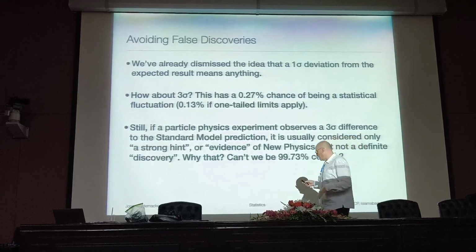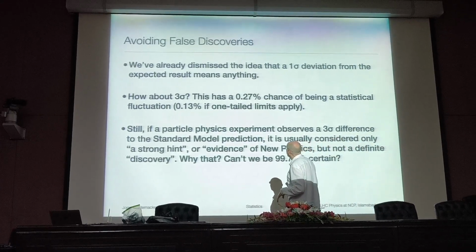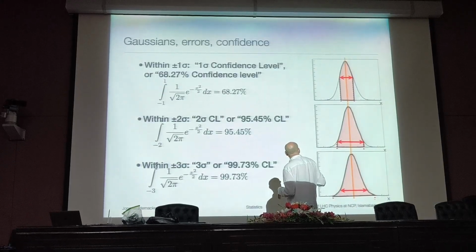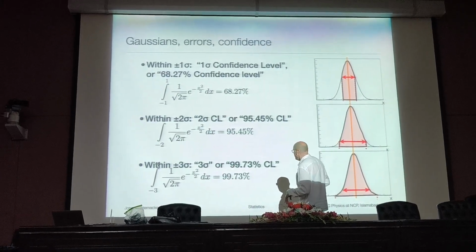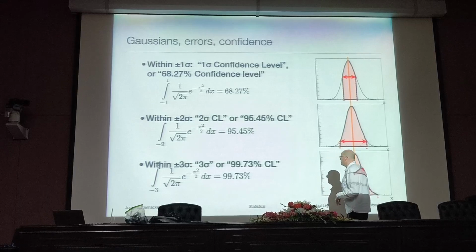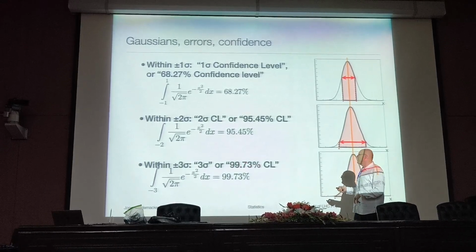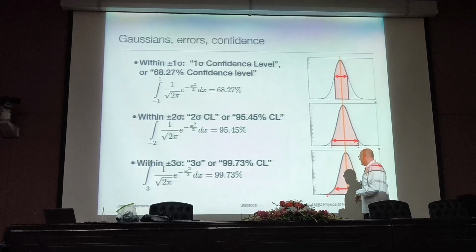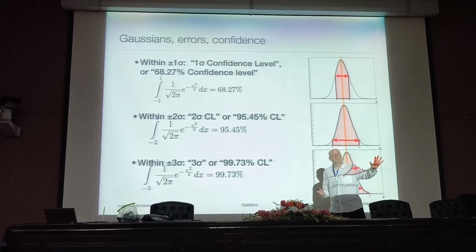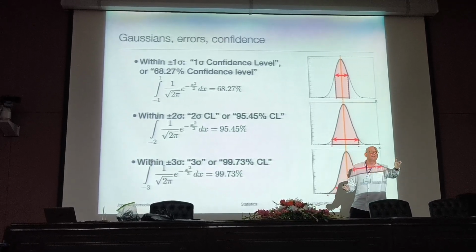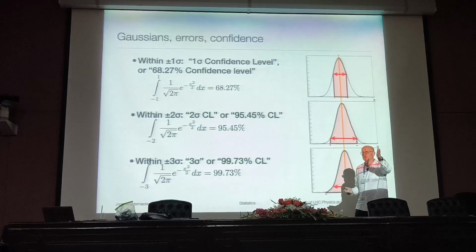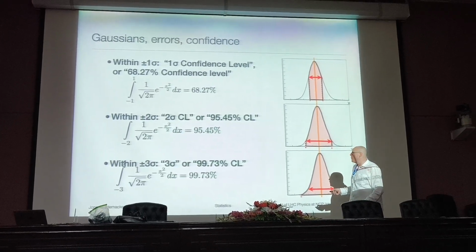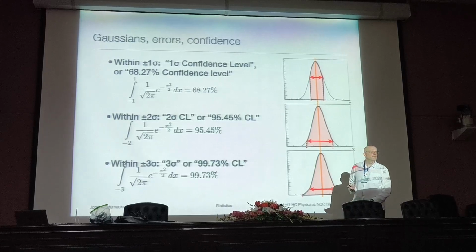So what we've just learned from these plots is that 99.73% of the events should be within 3 sigma. So to have 3 sigma or more, you always integrate. You don't say exactly 3 sigma away. That means nothing. The probability of that is 0. But 3 sigma or more away, the probability of that is 0.27%.